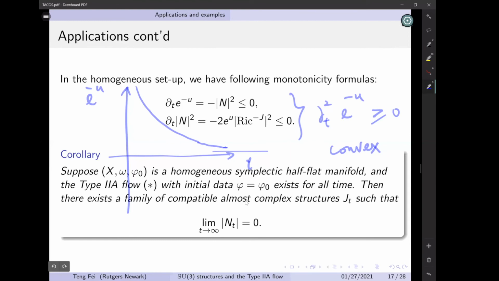In this case, they can be getting very close to being integrable, but in many cases, the manifold itself is non-Kähler, so it does not admit any Kähler structure. So this will not converge. In other words, you can get compatible almost complex structures with arbitrarily small Eigenhus tensor, but that cannot be 0.